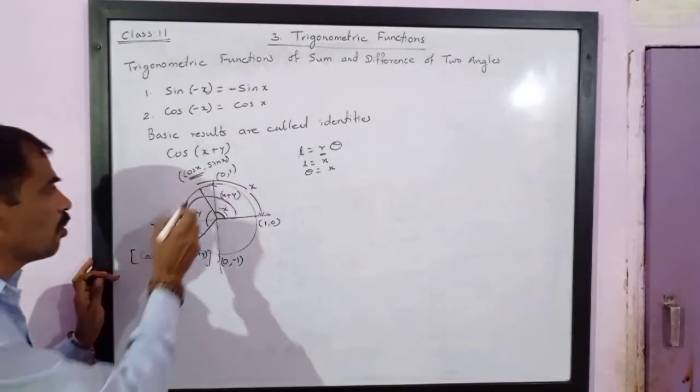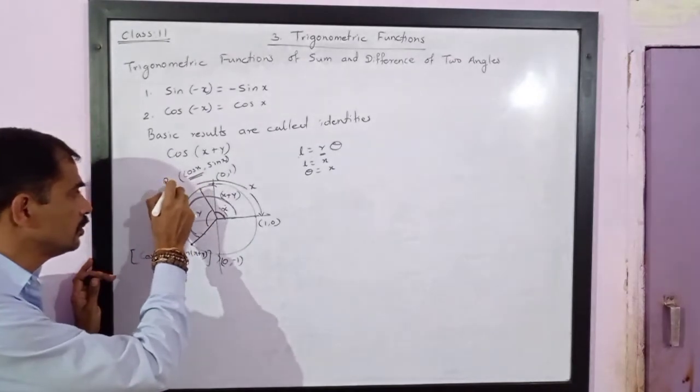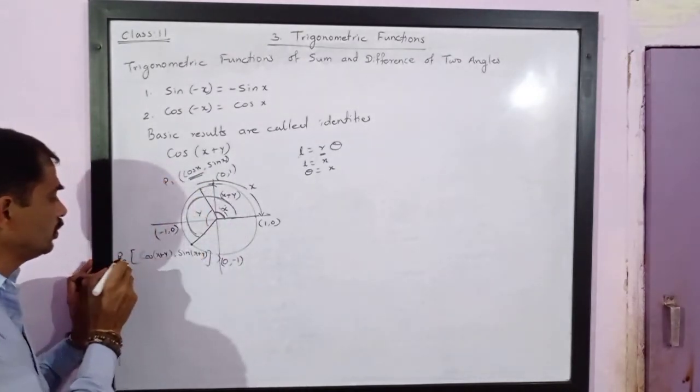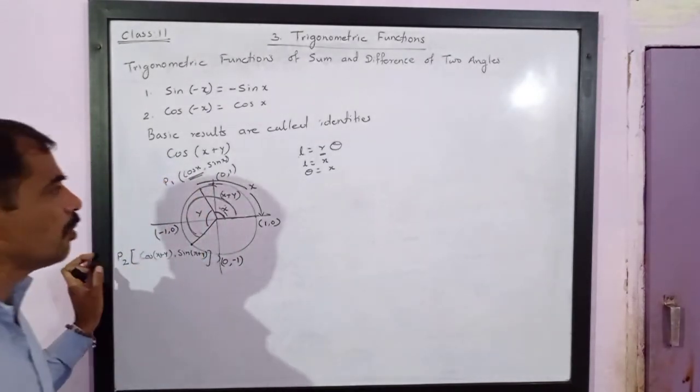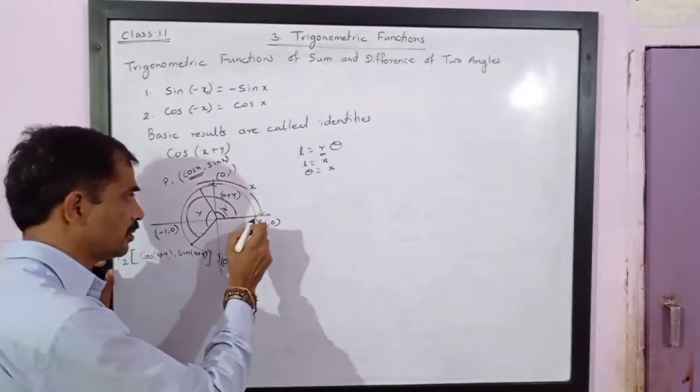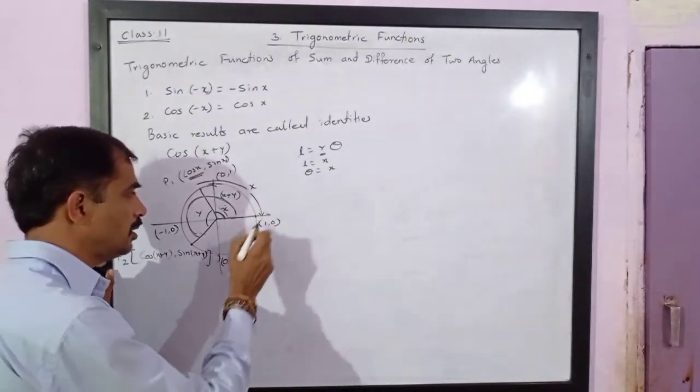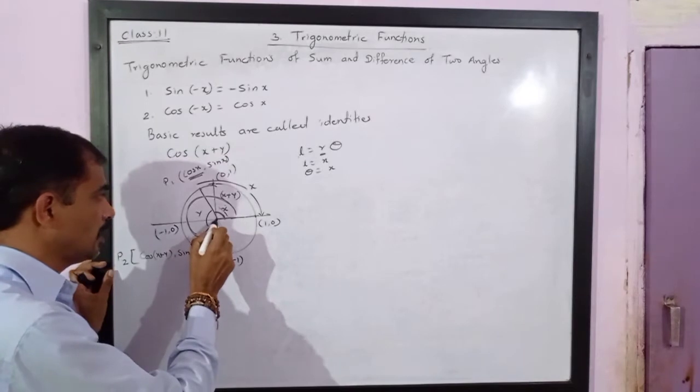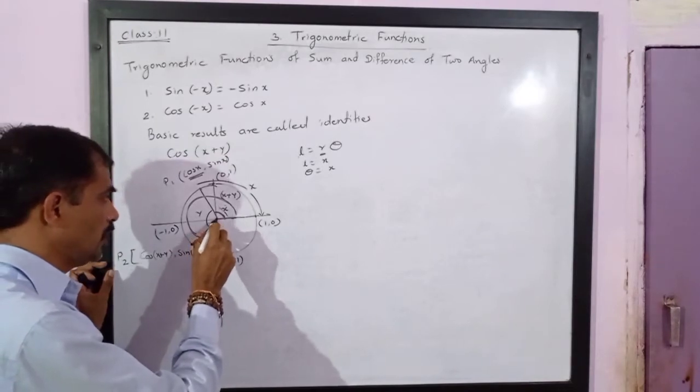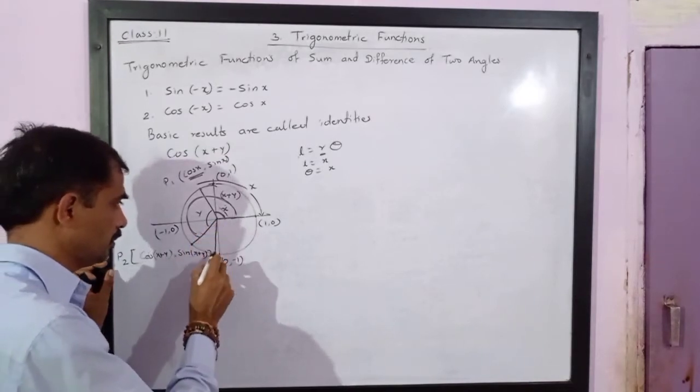Let this point be P1, this point be P2, and let P3 be the point such that it's going to be something like this.